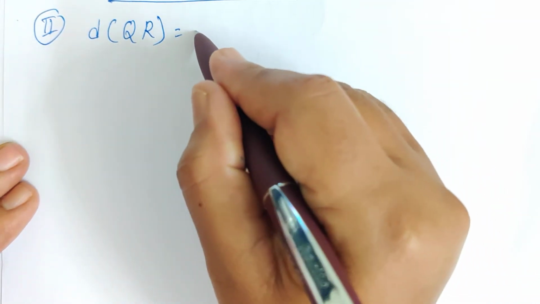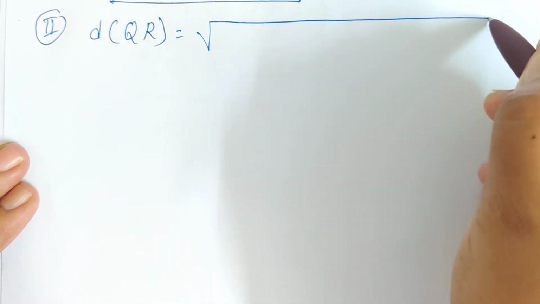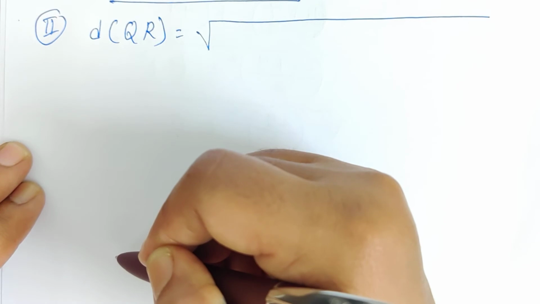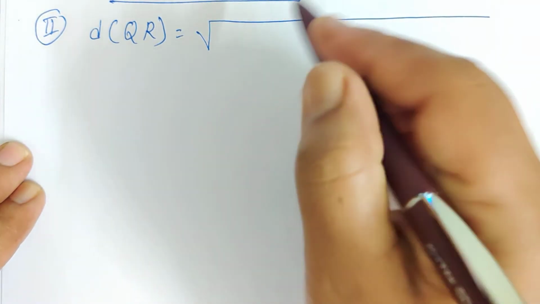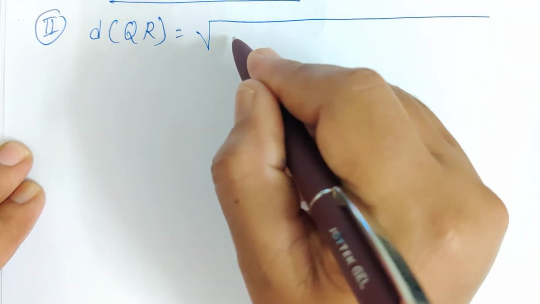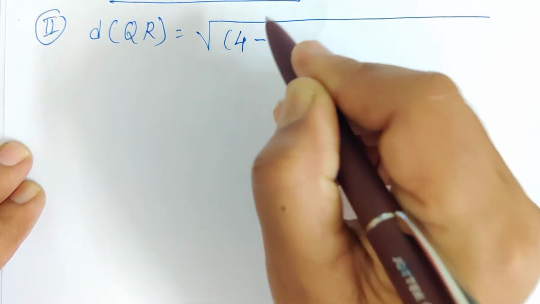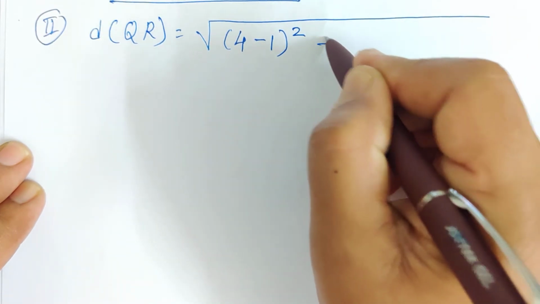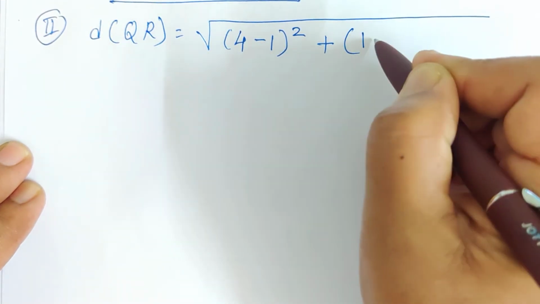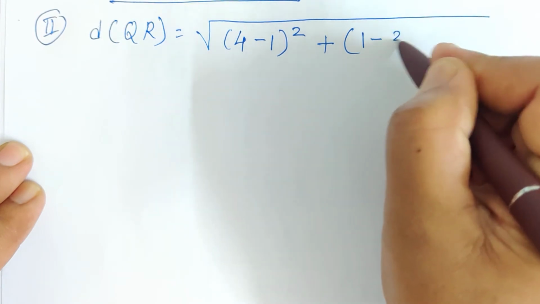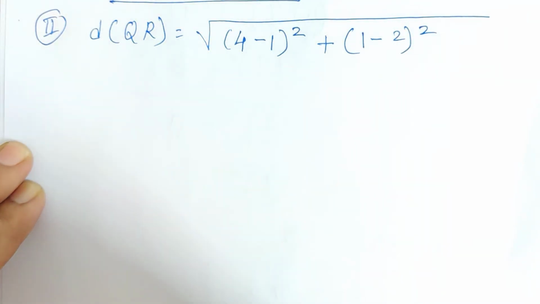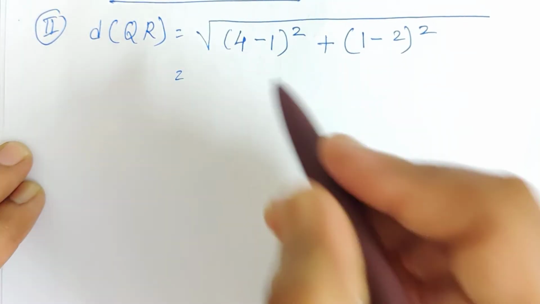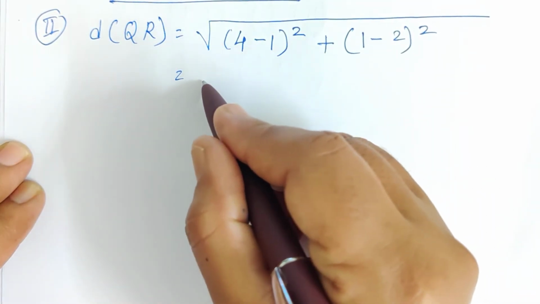Same formula we are going to use. Directly I will put the values here. x2 minus x1. So for QR, x2 is 4 minus x1 is 1, bracket square, plus y2 is 1 minus y1 is 2, bracket square. So here 4 minus 1 directly you can do.